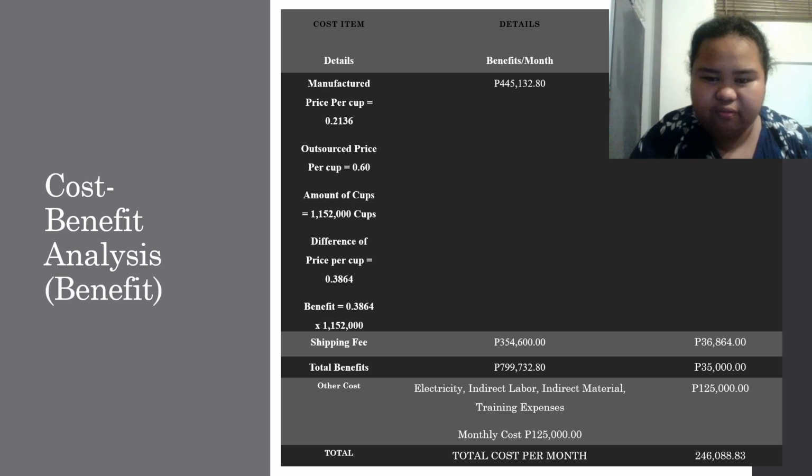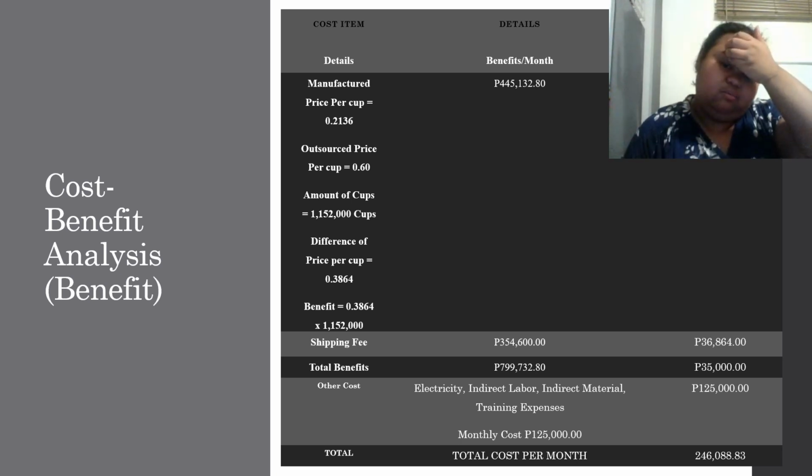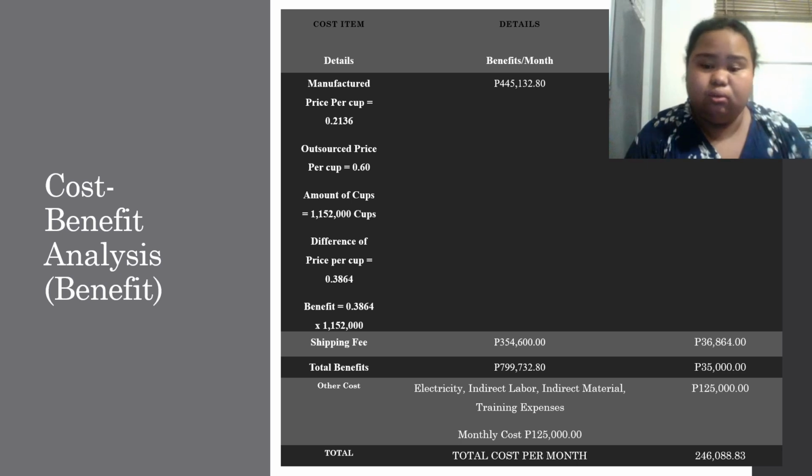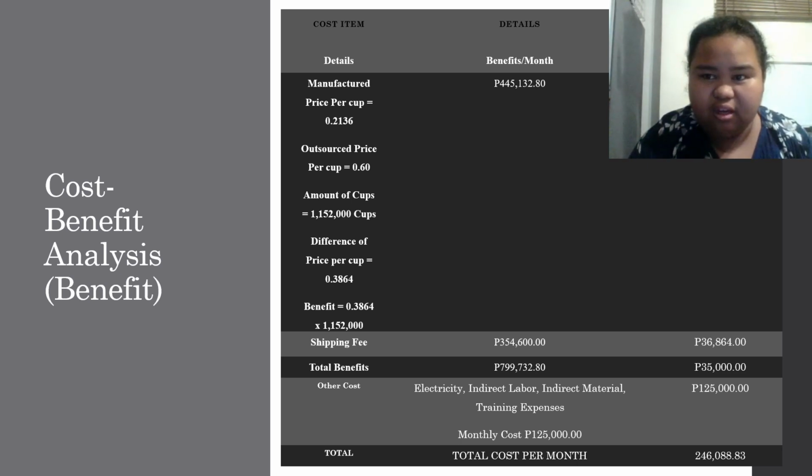The total benefits would be 799,732.80, and the total cost per month is 35,000. So other costs will be given at will be total to 125, same with the cost per month. So the total cost per month is 246,088.83.